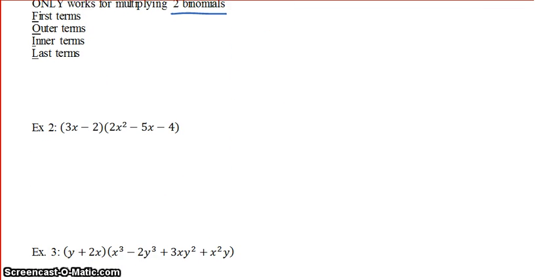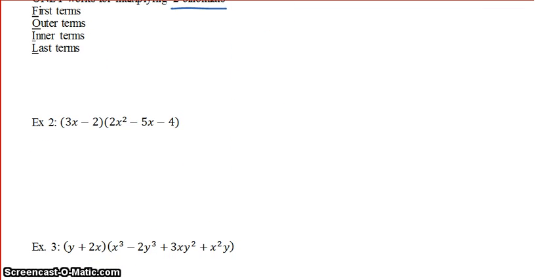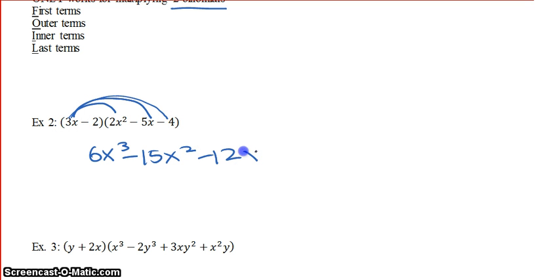Now, technically you can't FOIL this because this is a binomial and a trinomial, but it's, again, the same process. You're going to multiply, make sure each term gets multiplied. So I'm going to say 3x times 2x squared, which is 6x to the third. Then 3x times negative 5x, which is negative 15x squared. 3x times negative 4, which is negative 12x.